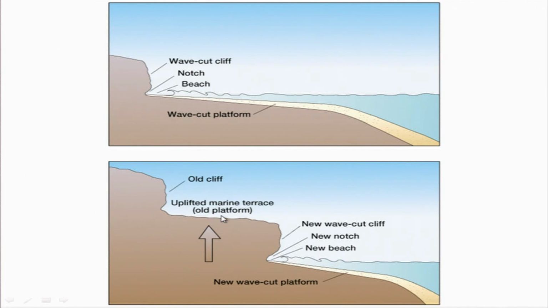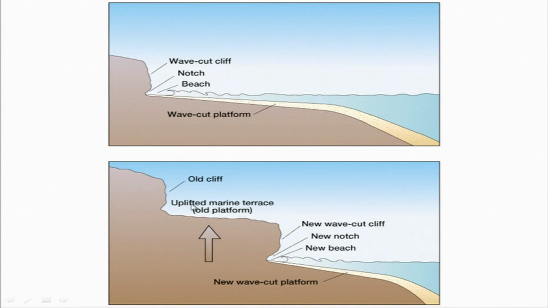So this is an older wave cut platform, and the present day wave cut platform is this one. This can be correlated either with tectonic uplift, where the land has moved up and the sea level remained the same, or with sea level fall because of eustatic variations, which are climatic, because of the fluctuating climate.